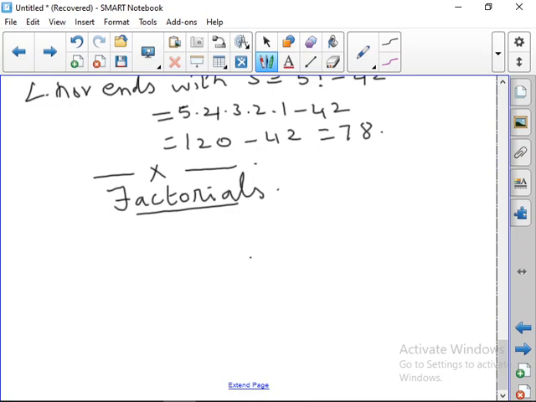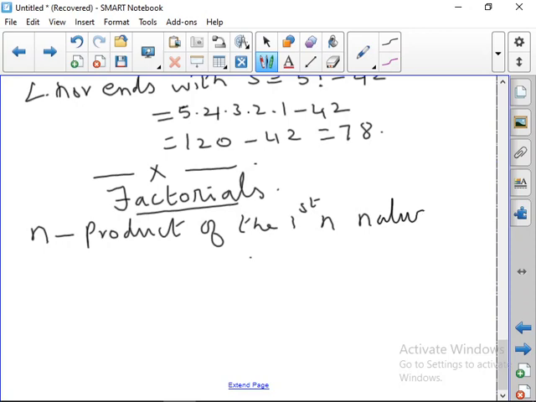Factorial of a number n is the product of the first n natural numbers. Okay, n factorial we write like this or we also write like this. This also represents the factorial symbol.